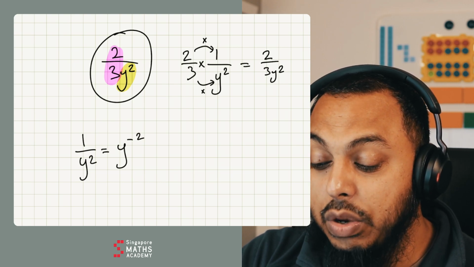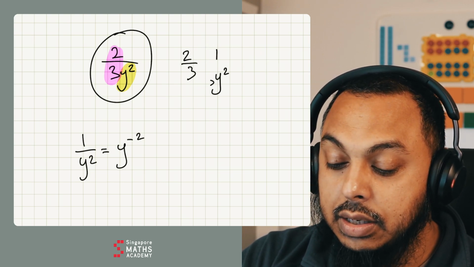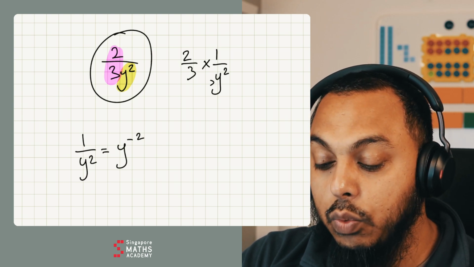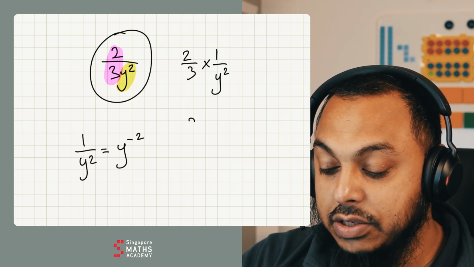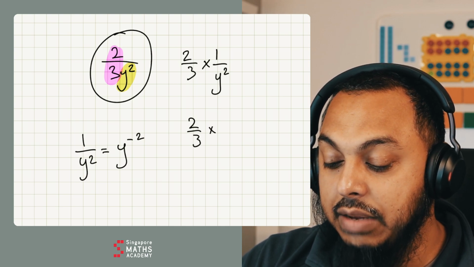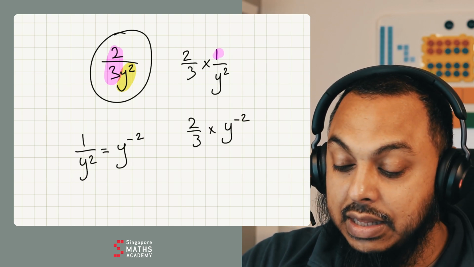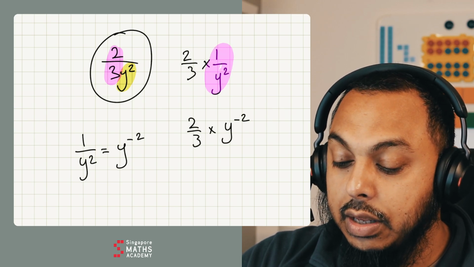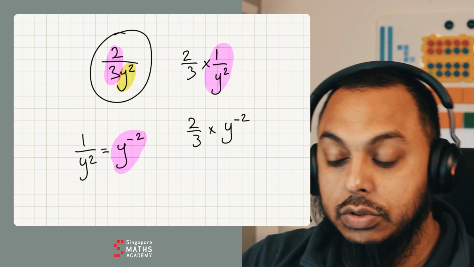So what we're really doing here is 2/3 times 1 over y squared, which is the same as 2/3 times y to the power of negative 2, because we've already said that 1 over y squared is equivalent to y to the power of negative 2.